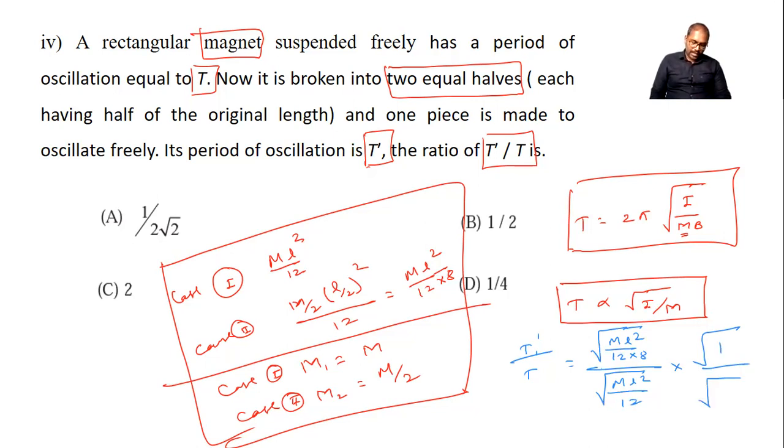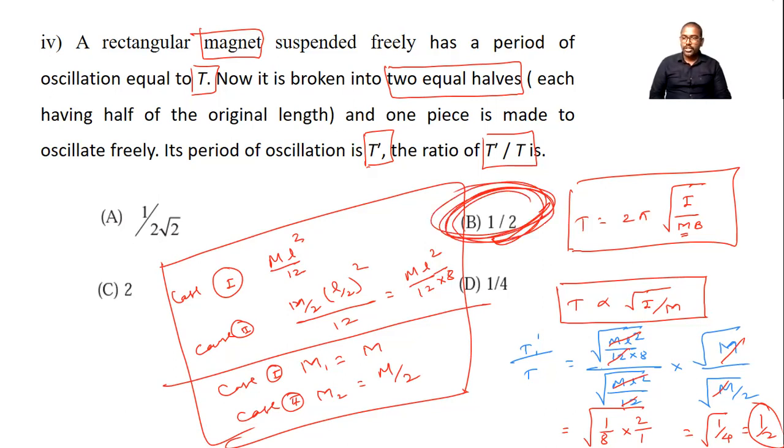So it is M and here it is M by 2. So that we have to use. Now let me cancel the things and we get the final answer. M L square gets cancelled, 12 gets cancelled. So what we get here? We get root of 1 by 8 and here we get 2 by 1. So in a root 1 by 4 we get, it means 1 by 2. So 1 by 2 is the answer and it is written in option B. So option B is the right answer for this question.